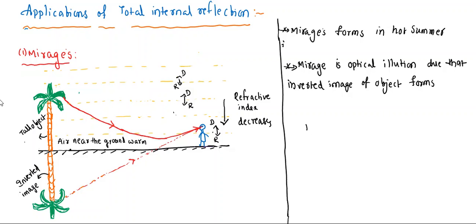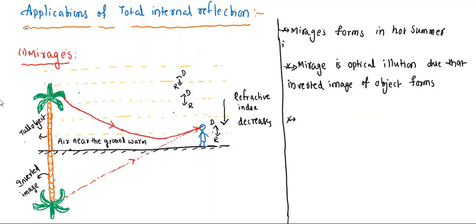Every time the light travels from a denser medium to a rarer medium, it bends away from the normal, and due to that the angle increases at a particular layer.